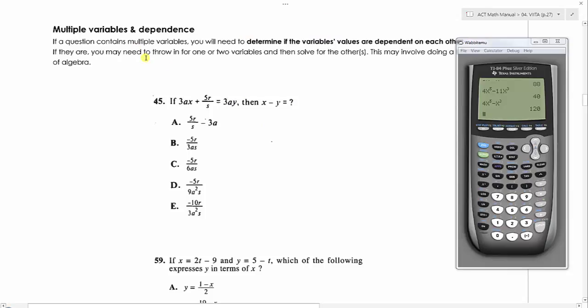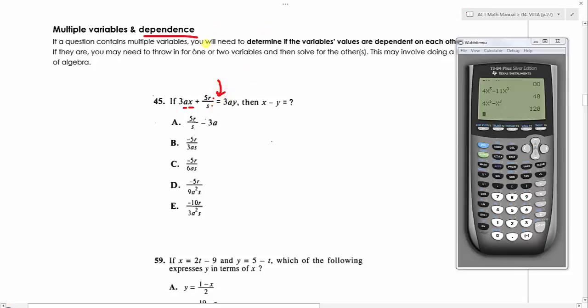Multiple variables and dependence. So one of the things that you're going to need to do when you see a VITA question with 2, 3, or more variables. Here we have an A, we have an X, we have an R, we have an S, so we've got a bunch of different variables here, and those variables are part of an equation.